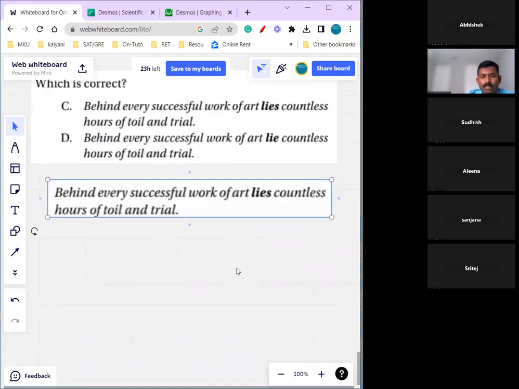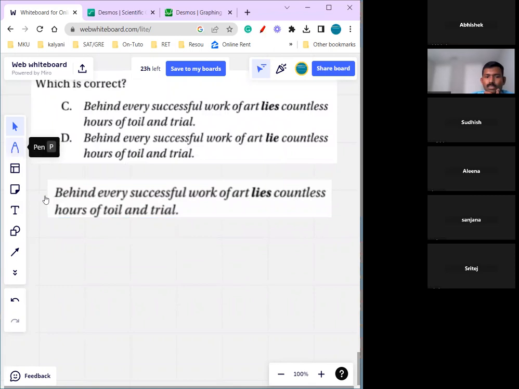Obviously I can trim the sentence: "behind" and the phrase up to "art" can go, and then "lies countless hours of." "Of" is another one we can take off. So now I can see "lies countless hours."